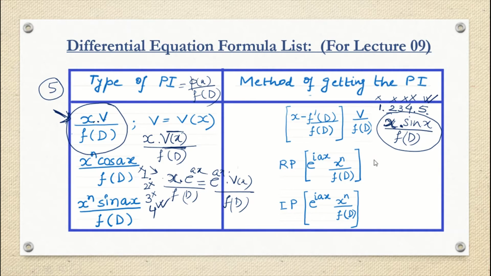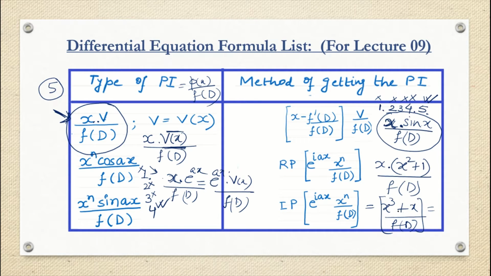Now just think of a polynomial, the type 3 polynomial function. Suppose x square plus 1. This is polynomial in terms of x, correct? If I write it this way, and then this is your f of x. Now tell me what type of function this is. Before moving to this function, I'll just solve it, right? I can write x cube plus x divided by f(D), or even I can split this term.